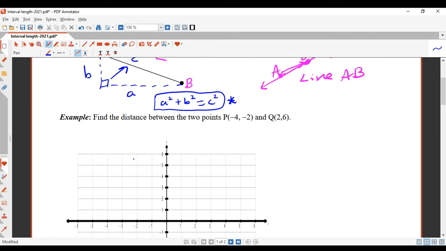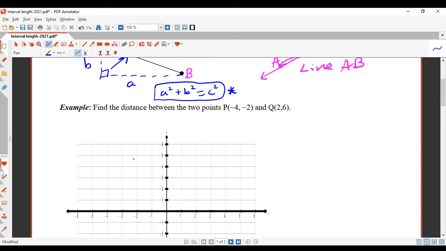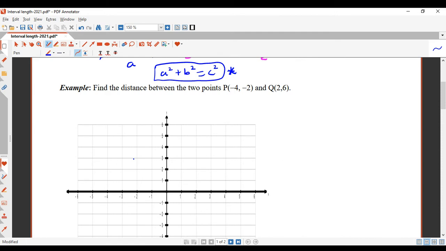Find the distance between the 2 points -4, -2, and 2, 6. Now, I would do a rough sketch here. The number plane hasn't come out quite so nicely, but it'll do. I'll do a rough sketch of these points. So -4, -2 would be down here, and 2, 6 is up here.